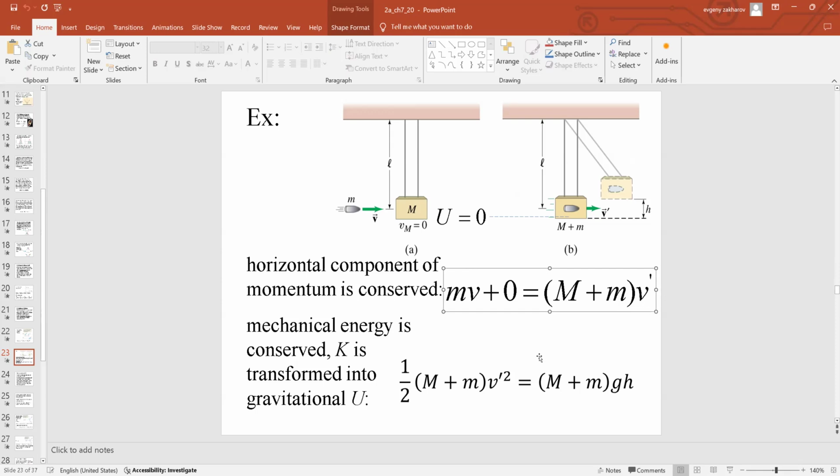And this speed becomes the definition for the total kinetic energy of the system, 1/2 mv squared. Remember the equation? It's not just m, it's both masses combined, and the velocity right after the collision that we use for the total energy of the system. And then the system is flying up into the air and reaches a certain altitude, the height h.